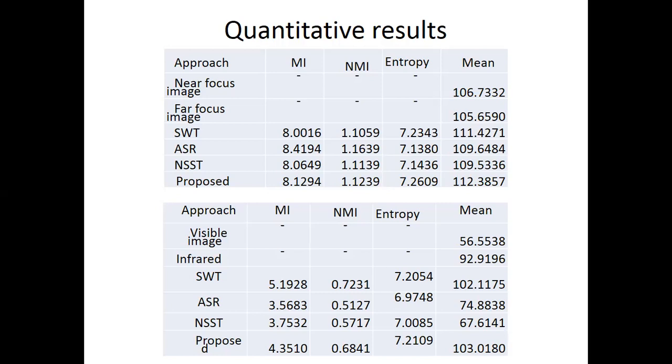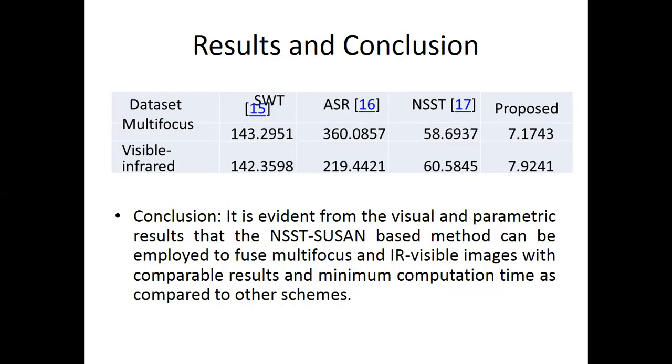From these tables, it is clear that entropy and mean are highest for the proposed scheme, whereas the mutual information and normalized mutual information are second highest for the proposed scheme. Now, the biggest advantage as compared to the other schemes is the run time taken by the proposed scheme.